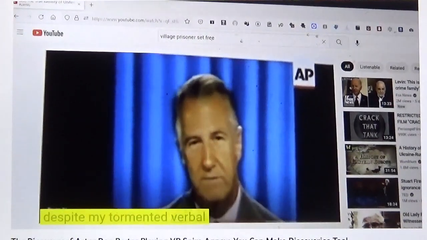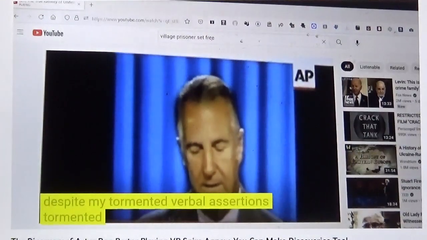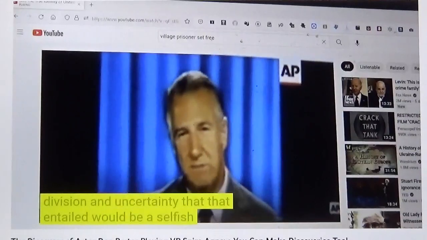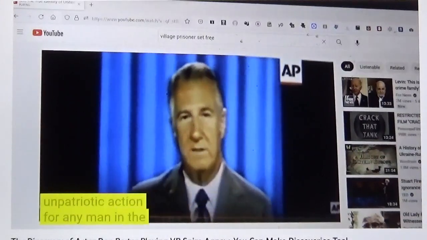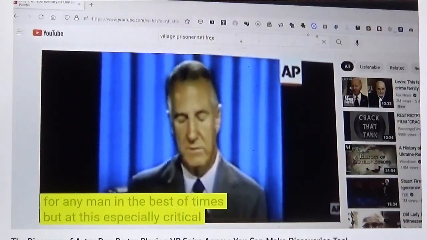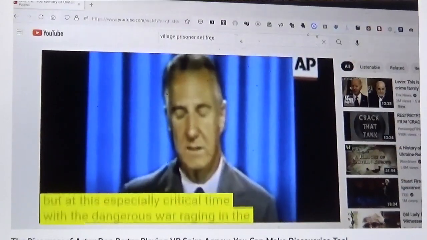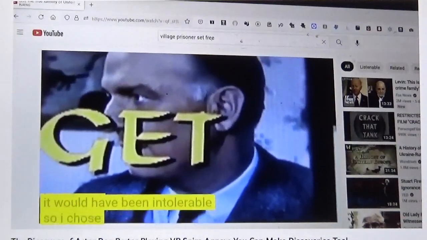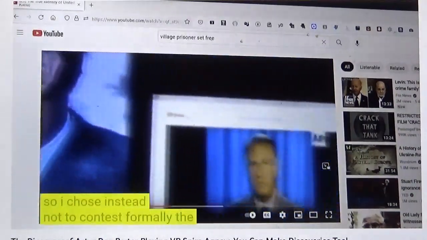Despite my tormented verbal assertions. Tormented. To put his country through the ordeal of division and uncertainty that entailed would be a selfish and unpatriotic action for any man in the best of times. But at this especially critical time, with a dangerous war raging in the Mideast, and with the nation wrenched by the experiences of the past year, it would have been intolerable. So I chose instead not to contest formally the accusations against me.